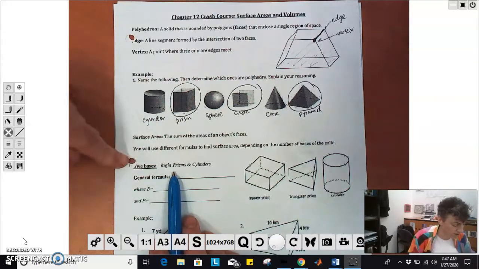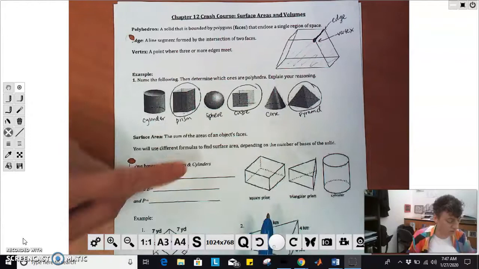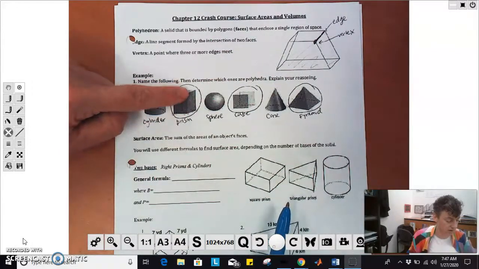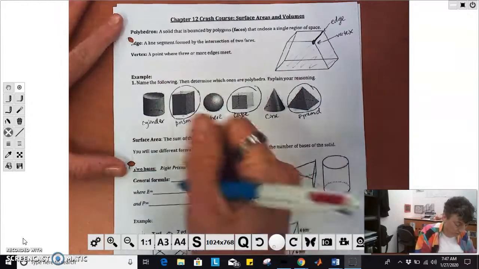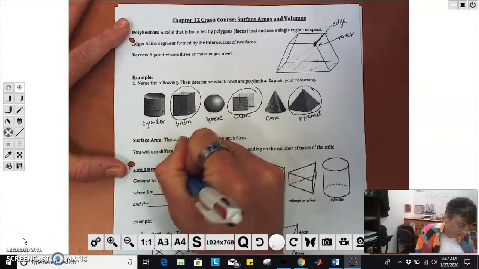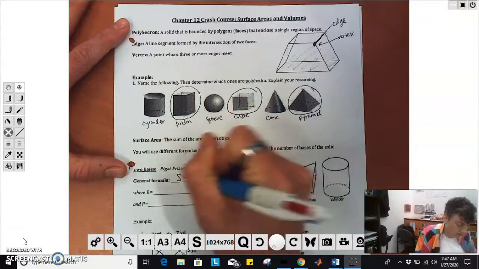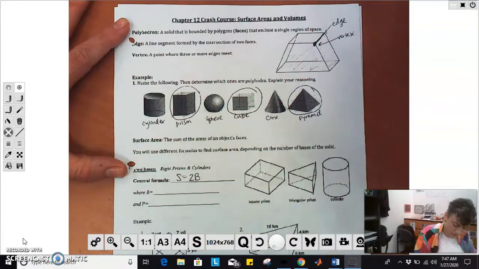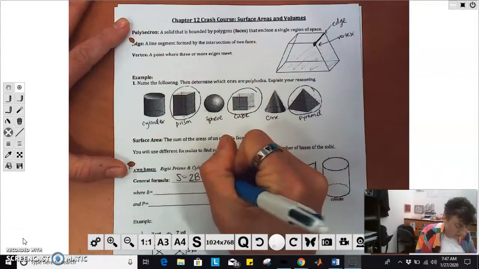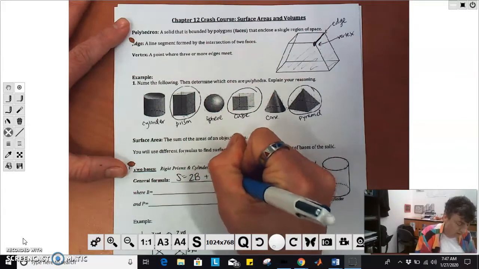When we have two bases, meaning two flat sides that are the exact same shape, our general formula for surface area is 2 times the area of the base plus the perimeter times the height.